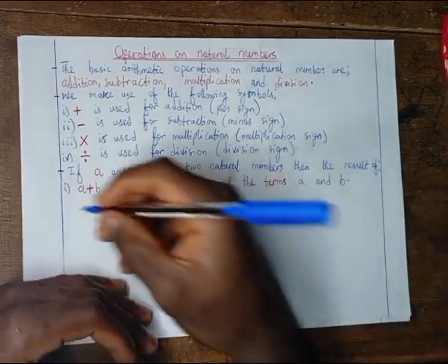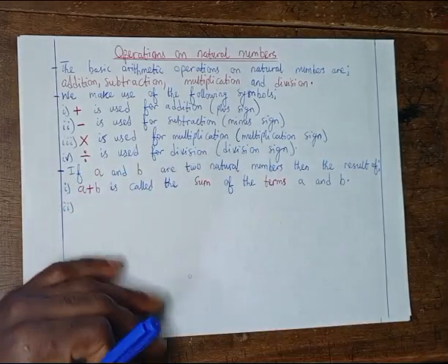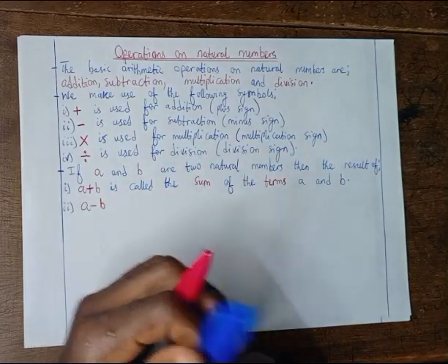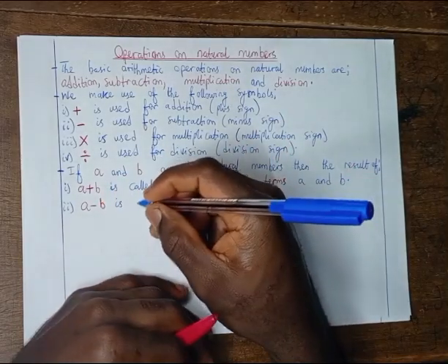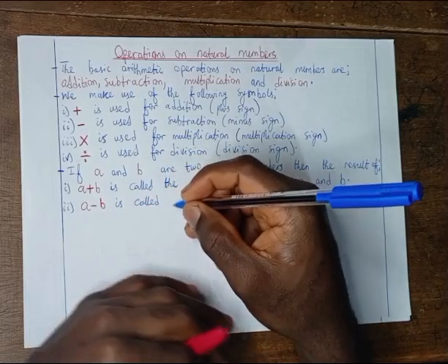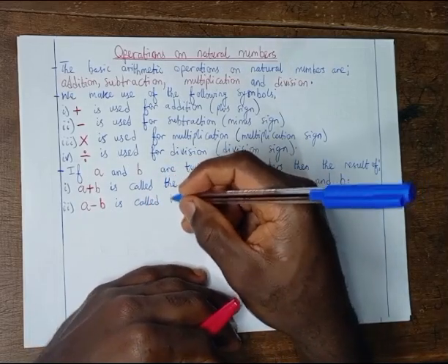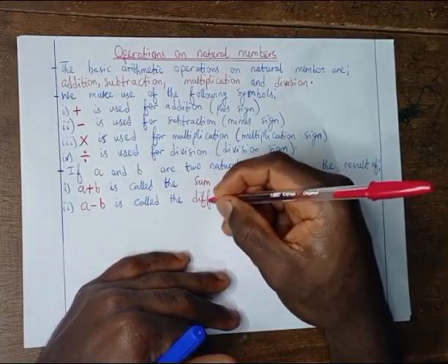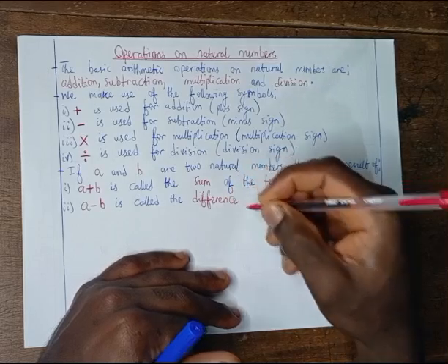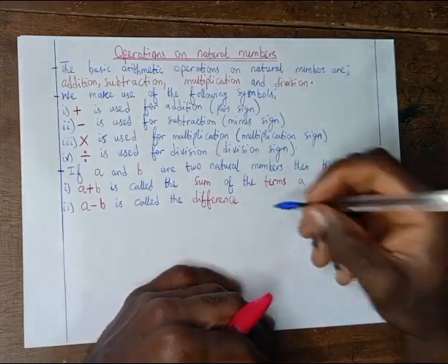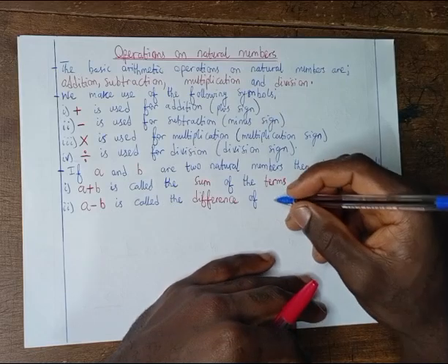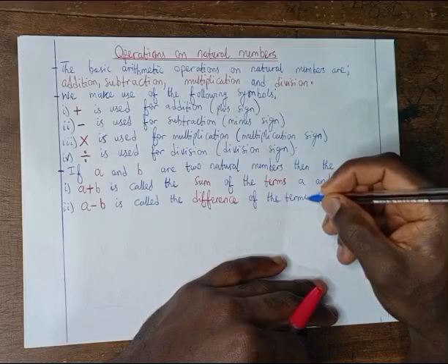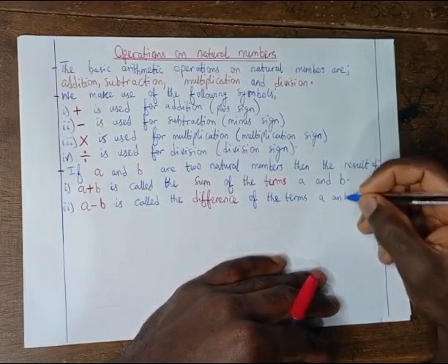Then the result you obtain, we call it the sum. 2I, A minus B, we read this one as A minus B. The result you obtain when you subtract B from A is called the difference of the terms A and B.